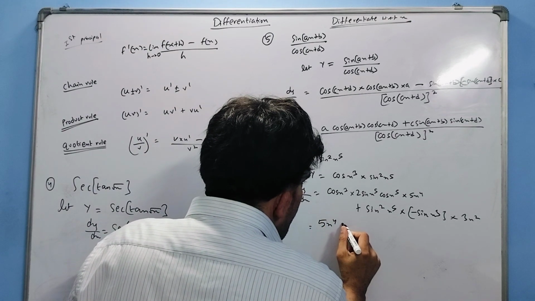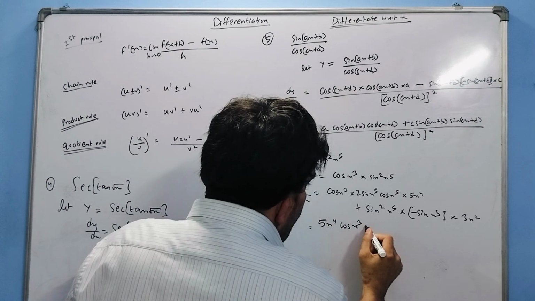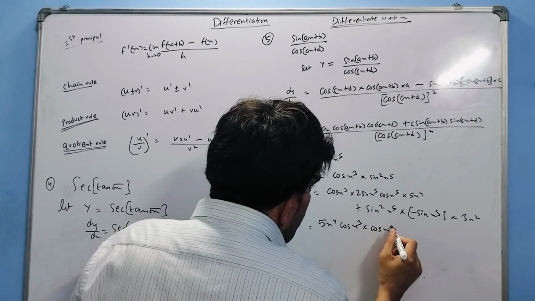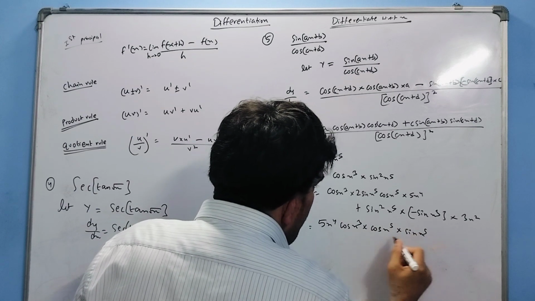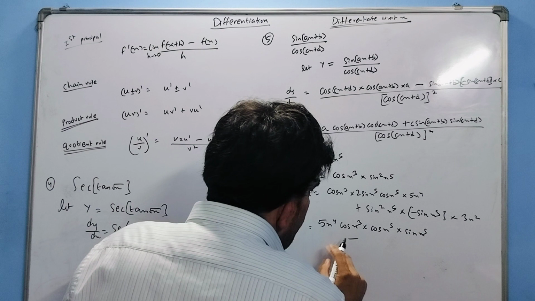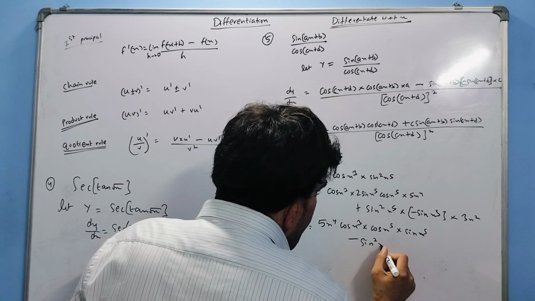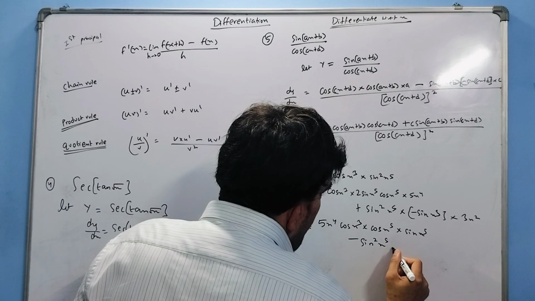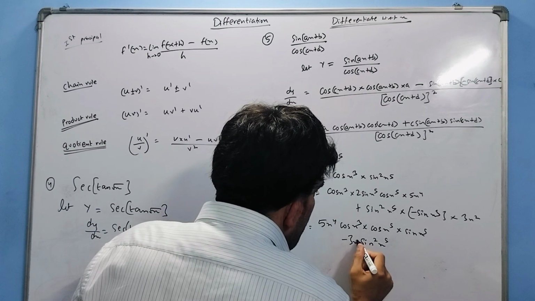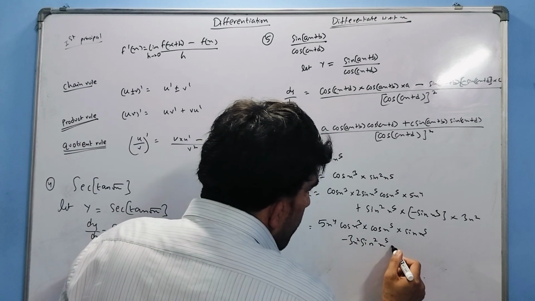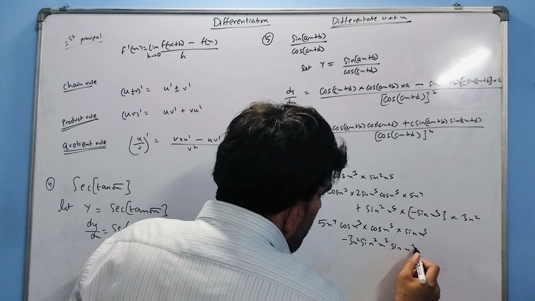Now what will we get here is 5x4 cos x cube into cos x raised to 5 into sin x raised to 5, minus 3x square sin square x 5 into sin x cube.